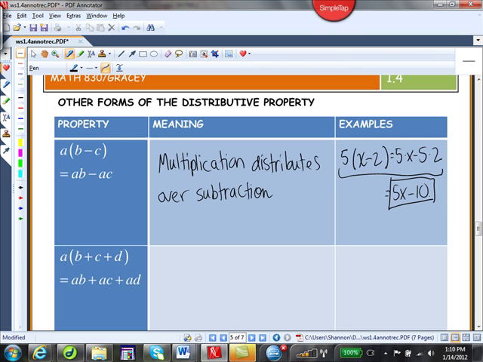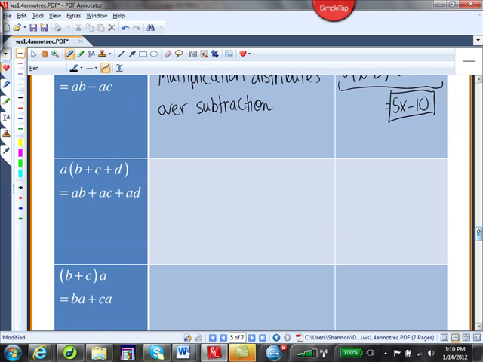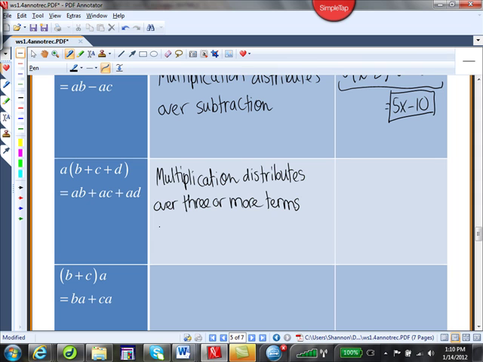Okay, next up. This next box means that multiplication distributes over 3 or more terms in parentheses.